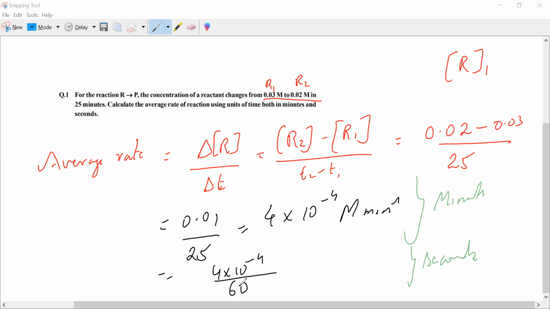So I'll be getting something like 6.66 into 10 power minus 6 mole per second. This one is in minutes, mole per minute.